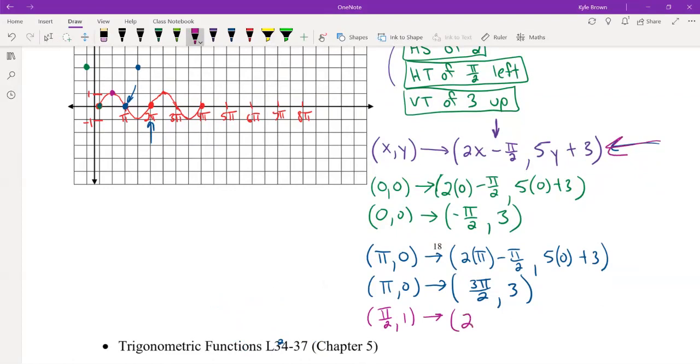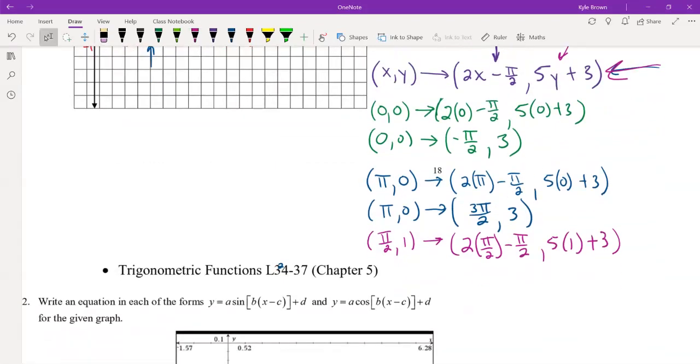That's going to be 2. My x value is pi over 2 minus pi over 2. And then comma, and then 5 times 1 plus 3, because that's my y value.